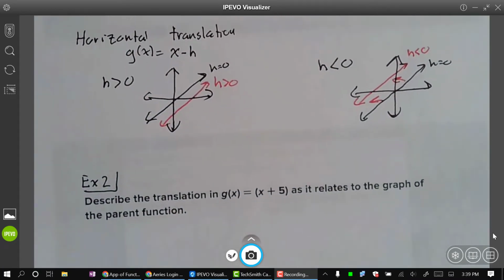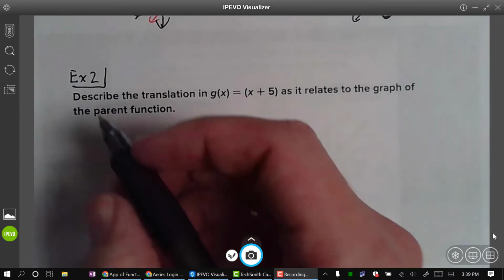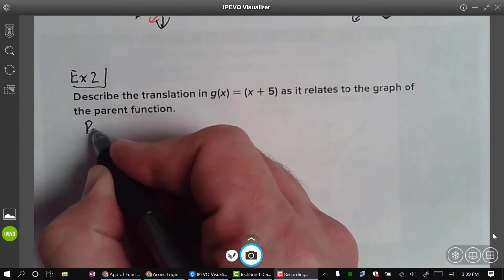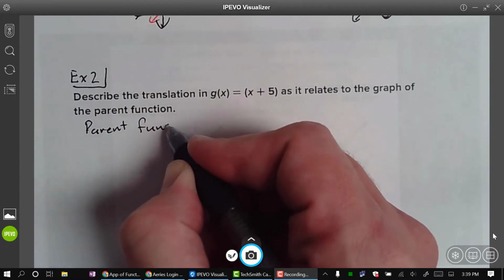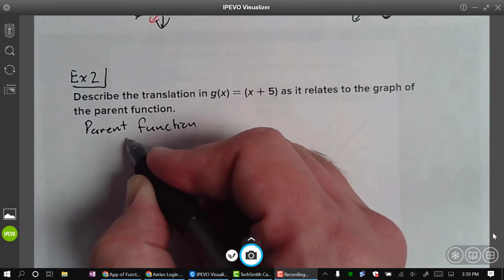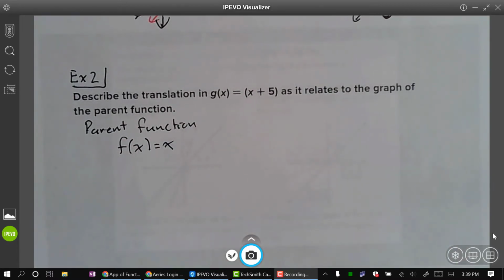Let's take a look at example 2. We want to determine the translation in g of x equals x plus 5 as it relates to the parent function. The parent function again is f of x equals x. This one is horizontal.